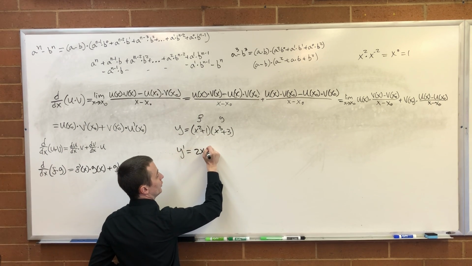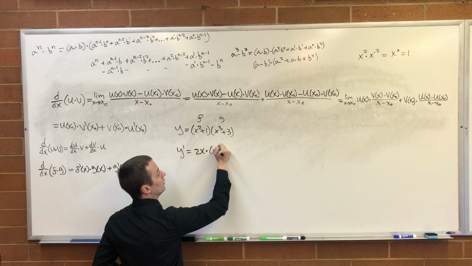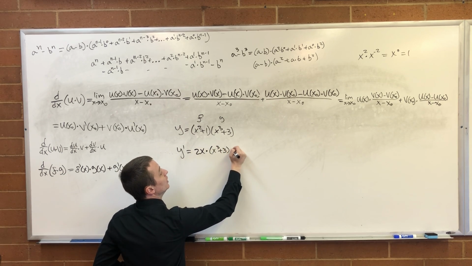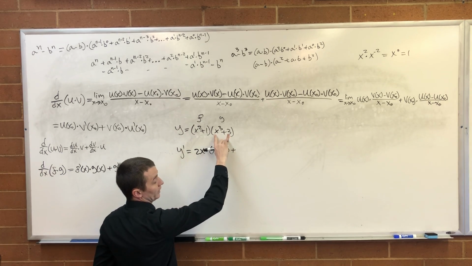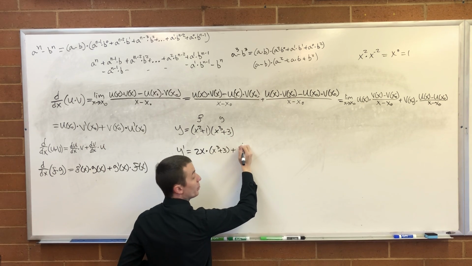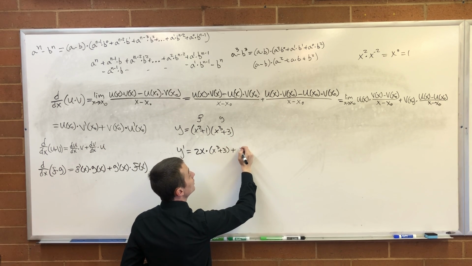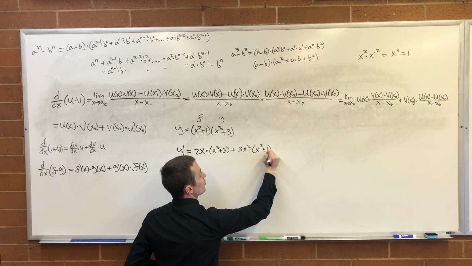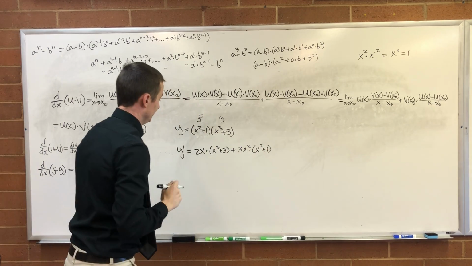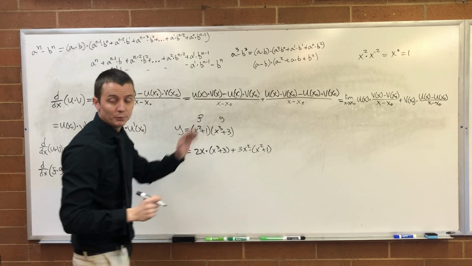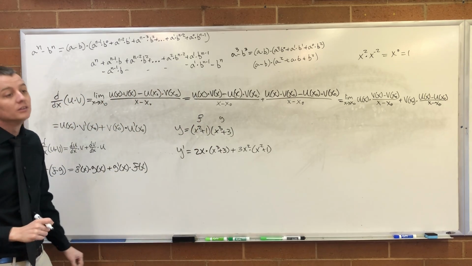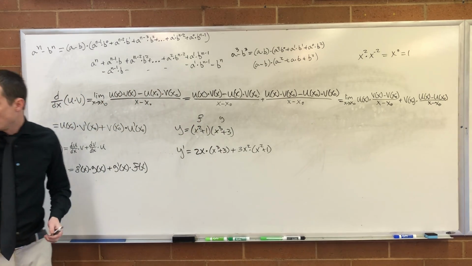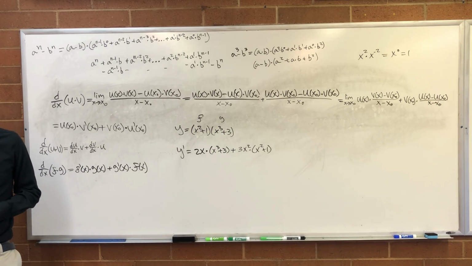So the derivative of the first multiplied by the second plus the derivative of the second, which is 3x squared, times the first. There's our derivative. And then you can multiply it out, but that's the derivative. Okay. So that's how the product rule works.